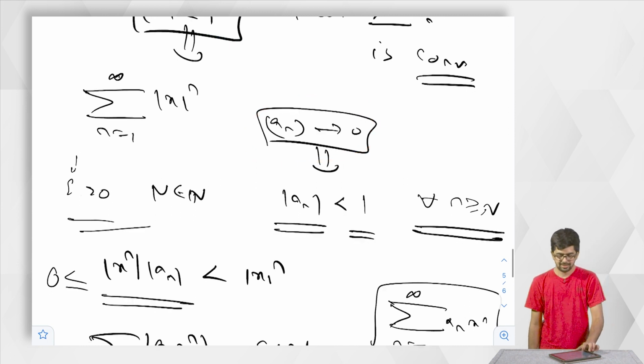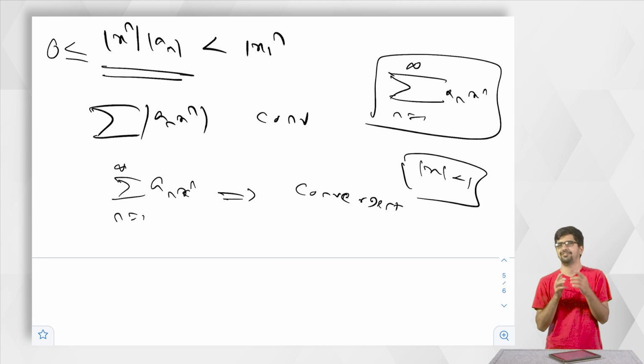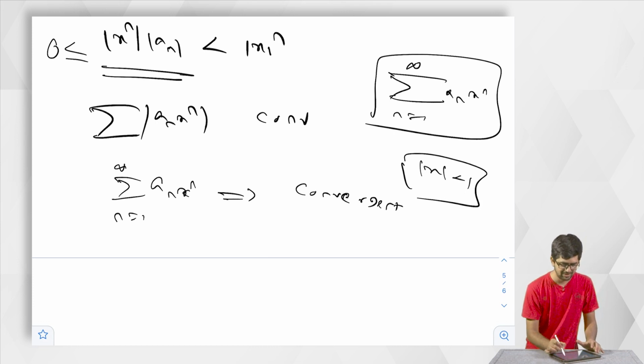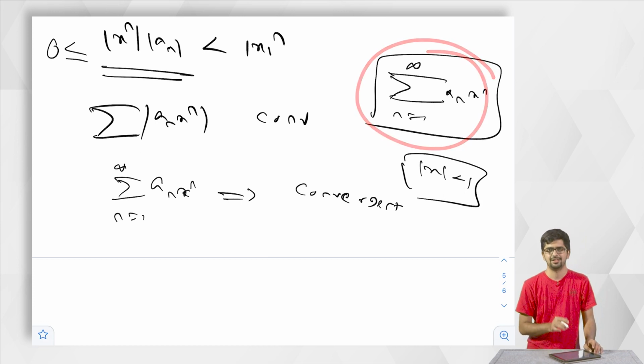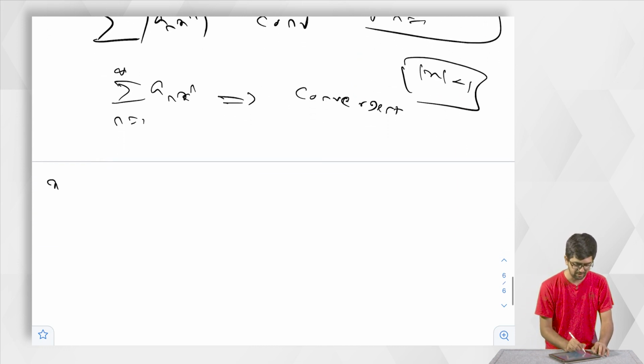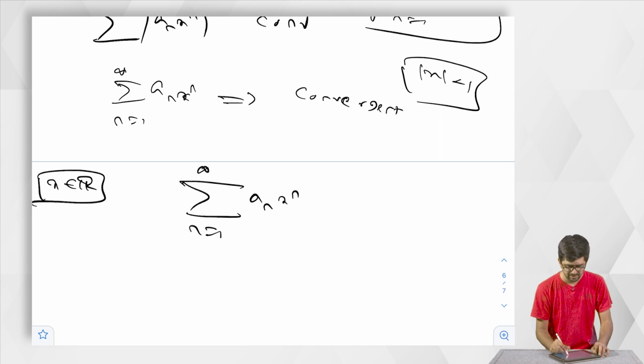Now, we used convergence of the series summation a_n to conclude convergence of this series. Now let us fix some element x belonging to R such that the summation of a_n x power n is convergent.